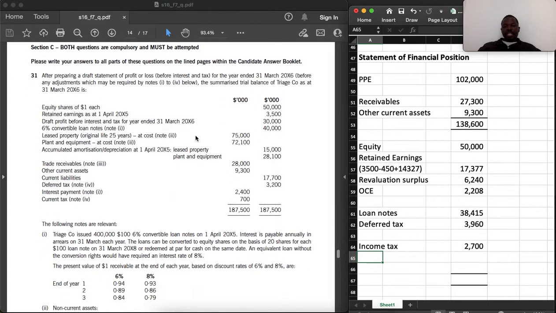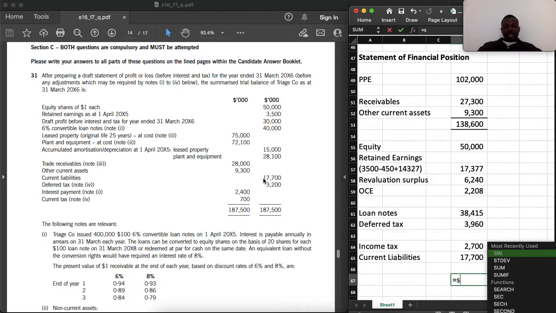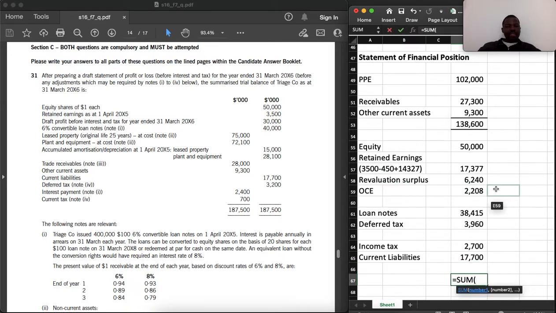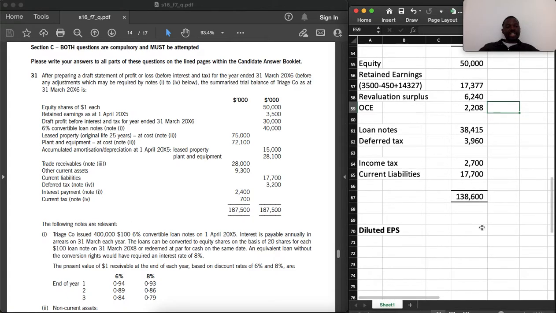Then we have got here current liabilities, which is 17,700, like that. Then when we sum up, hoping everything is correct, our statement of financial position should balance. Yes, it does balance. So it means everything that we have been doing, we're on the right track.